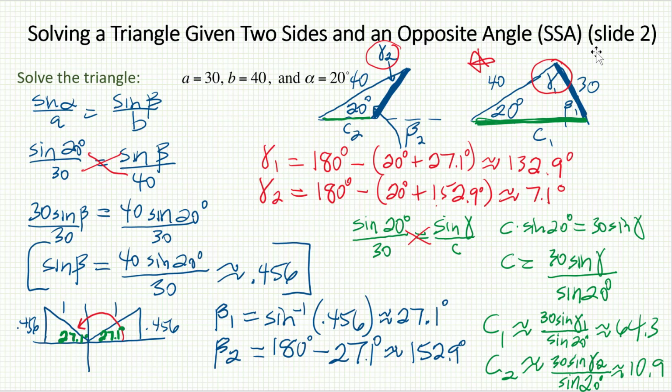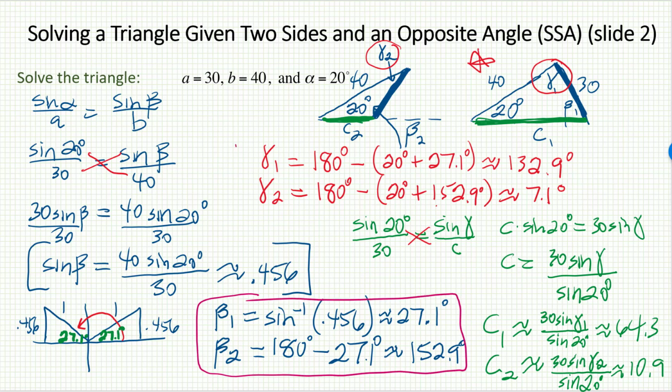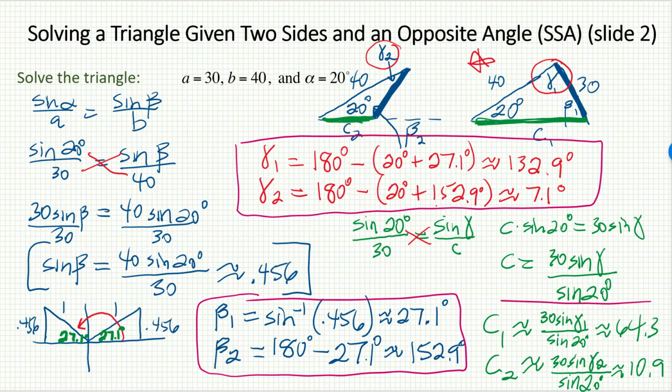Again, we were expecting that C2 was going to be a much shorter side in that second triangle. And we have finished the problem. We've given the two possibilities for angle beta, the two possibilities for angle gamma, and the two possibilities for side C. The steps that we took are the typical ones to take when you have this SSA situation. Thanks for watching.